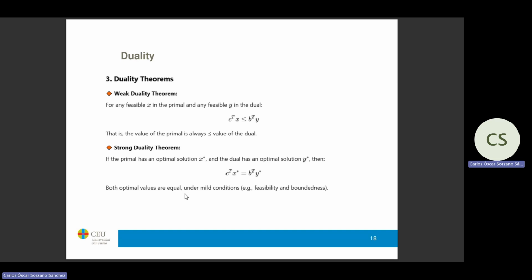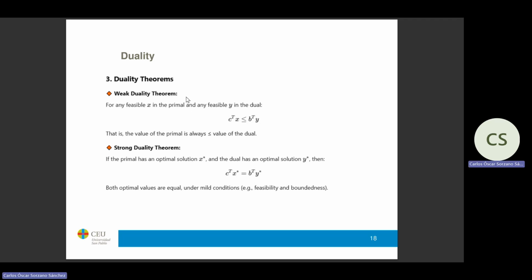And there are some reasons to do this. And actually, this is what I just said. So if the primal problem has an optimal solution X star and the dual problem has an optimal solution Y star, then the goal function of both problems takes the same value, the 32,000.